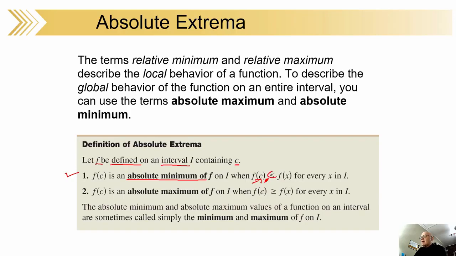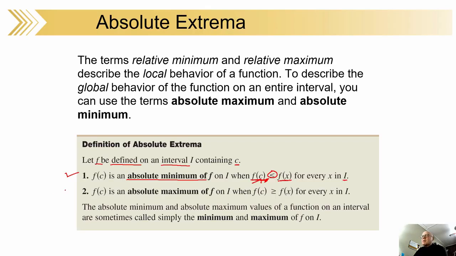Notice the negative sign. This represents all the y values in the interval. This says no matter which one you pick, it's always going to be at least as big as f of c. This is the smallest, and all the rest of these are either equal to it or bigger.